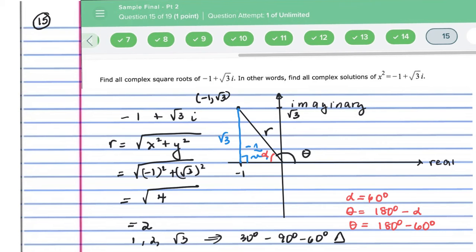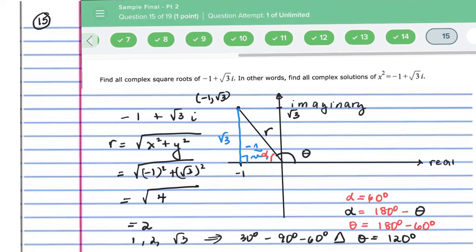Let me write that the right way. And it turns out they're equivalent. Alpha equals 180 minus theta. If you add theta and subtract alpha, you'll get the same thing. Alrighty, so that's what we did. We subtracted alpha, which is the 60 degrees, and 180 minus 60 is going to give us 120 degrees. So that way we know theta is 120.